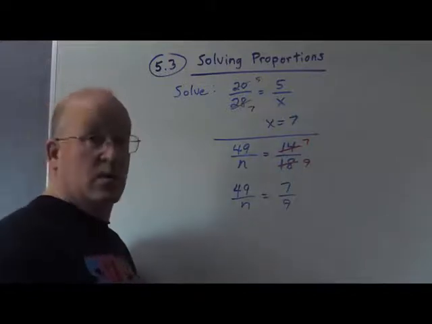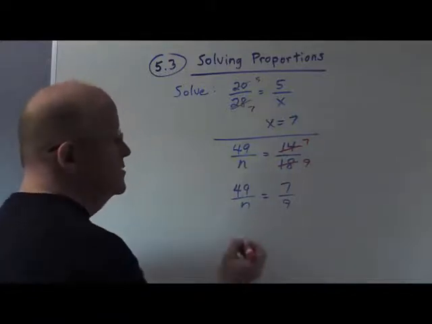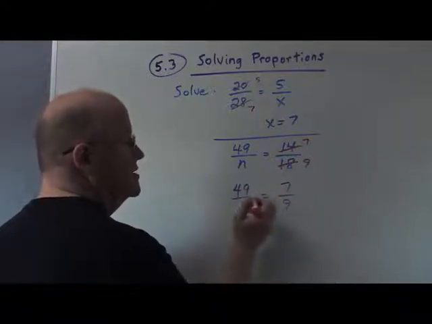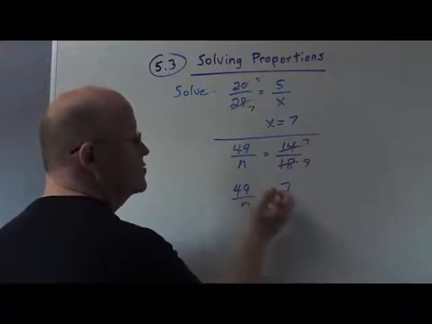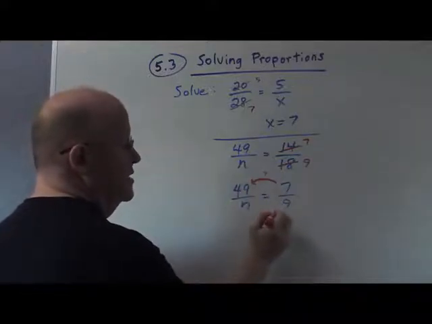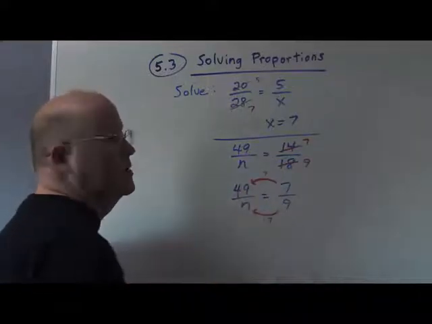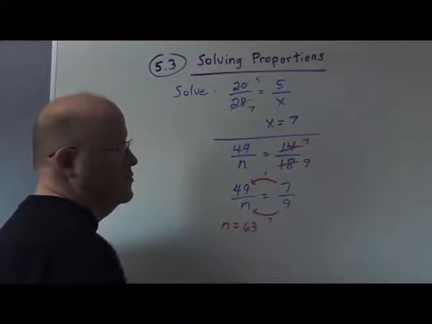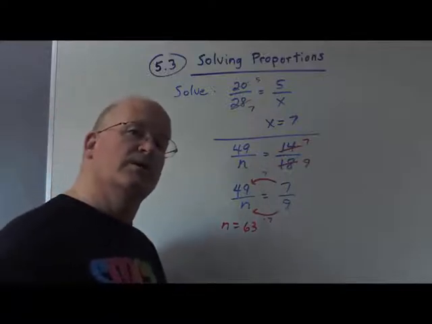Now I think this one can be done in our heads because we can notice that 49 is equal to 7 times 7. I can either divide by 7 going to the right, or if I'm going from right to left, I'm multiplying by 7. So I could do the same thing down below and multiply by 7 and find out that n is equal to 63. But that does not always work.